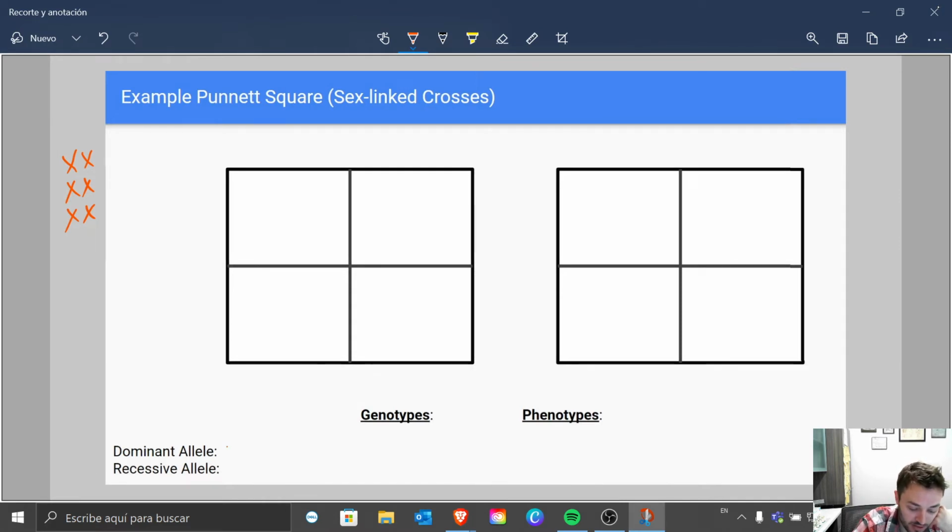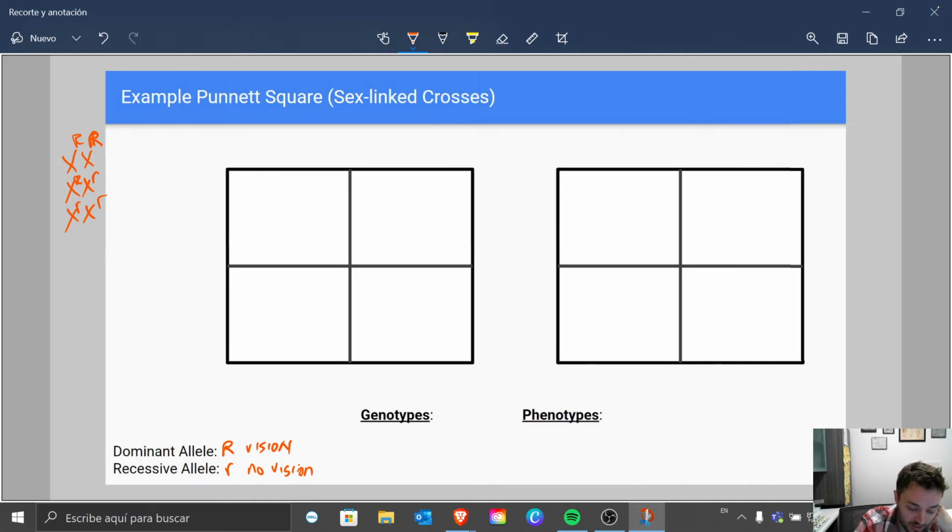The dominant allele, the big R, is normal color vision, and the little r is no color vision. So I'm going to write that down just as a little note to myself. The three possible combinations of genotypes for females are big R, big R, normal vision; big R, little r, colorblind carrier with normal vision; and then little r, little r, colorblind.